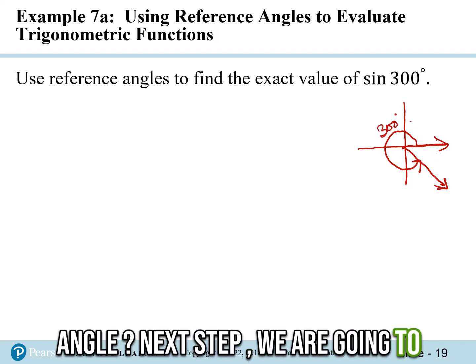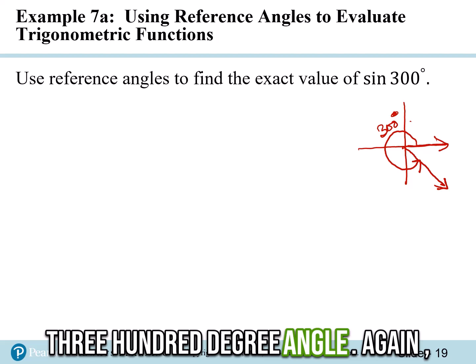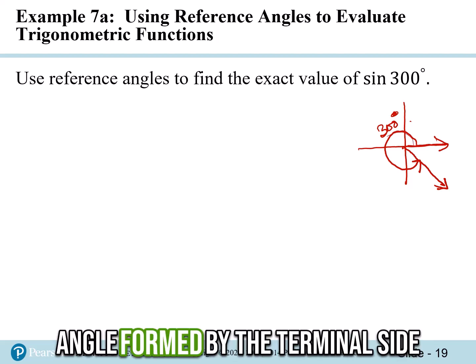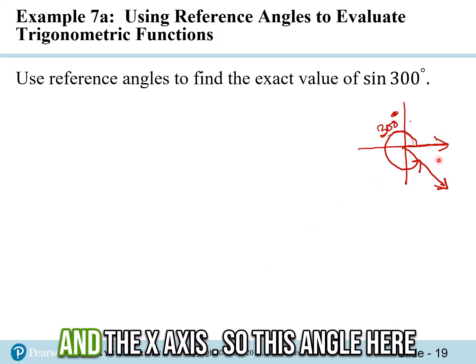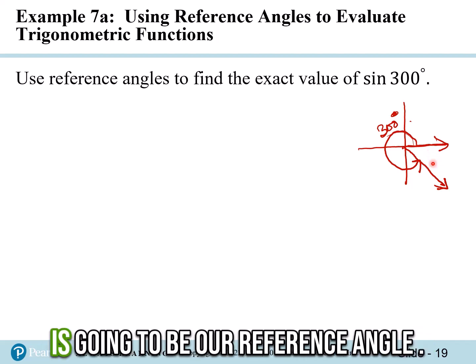Next step, we are going to find the reference angle for this 300-degree angle. Again, the reference angle is an acute angle formed by the terminal side and the x-axis. So this angle here between the terminal side and x-axis is going to be our reference angle.